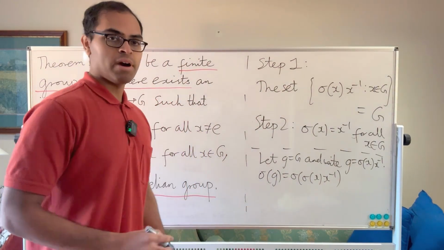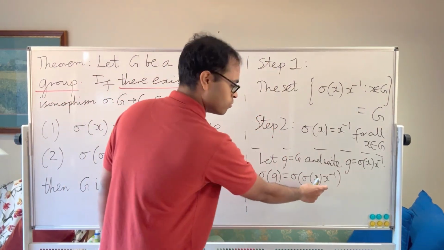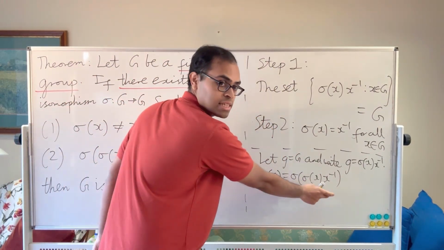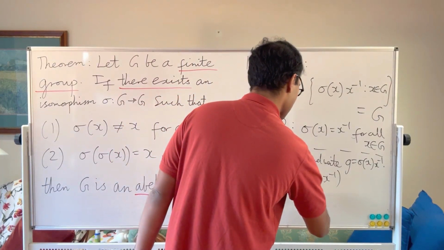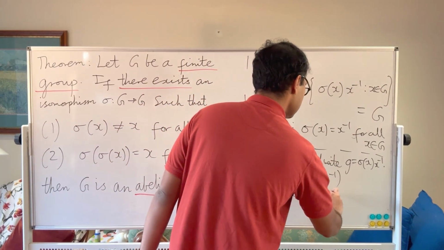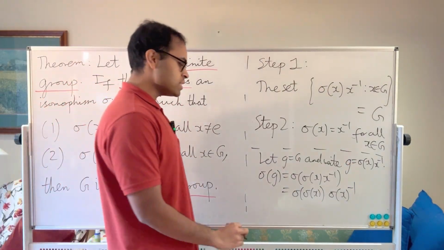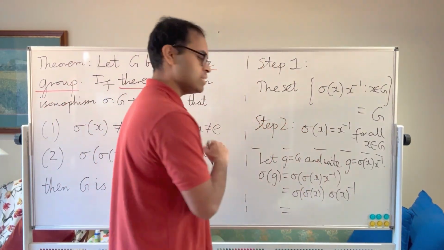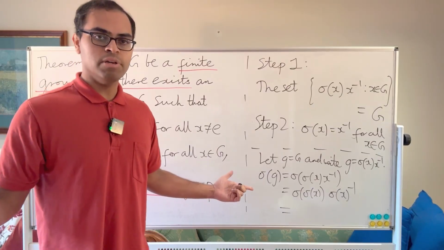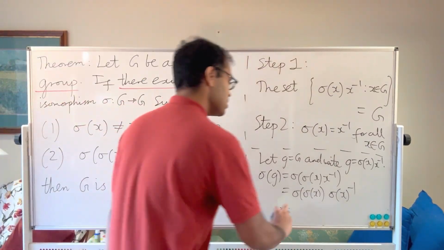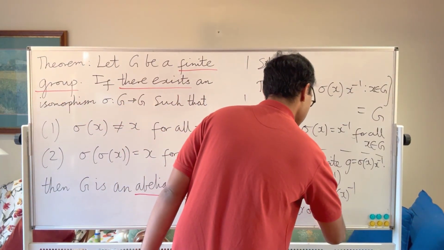Again, sigma is a homomorphism, it respects the group multiplication, so we get sigma of x times sigma of x inverse. And sigma of x is just x because of this property, so we get x times sigma of x inverse.